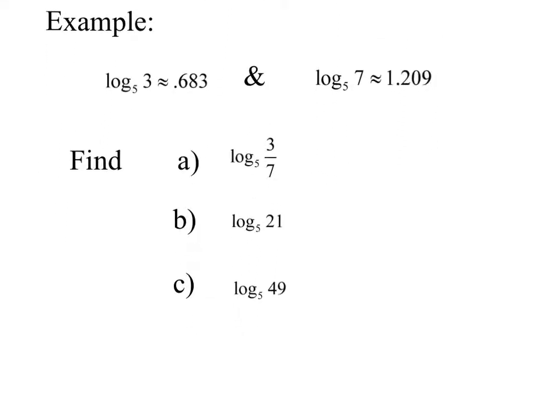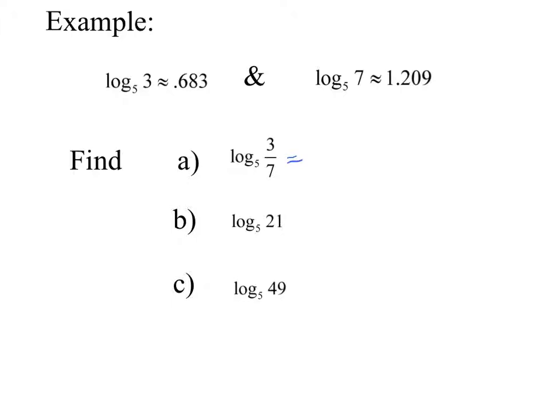So in this problem, we're told that log base 5 of 3 is about 0.683, and log base 5 of 7 is about 1.209. So if I want to find this without a calculator, because we can't use one yet, I have 3 over 7, and according to that property, I'm going to subtract.